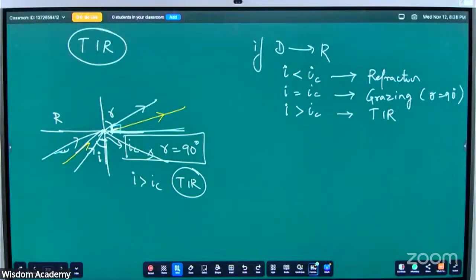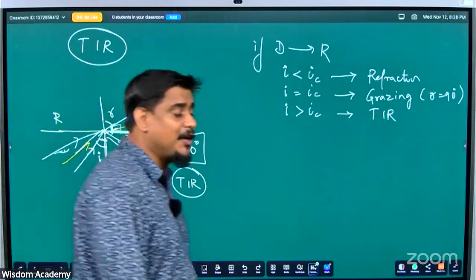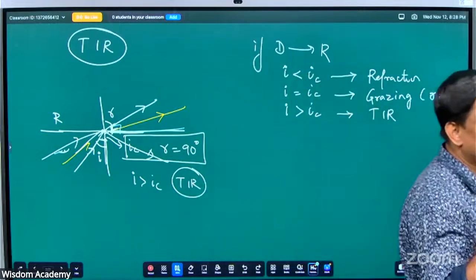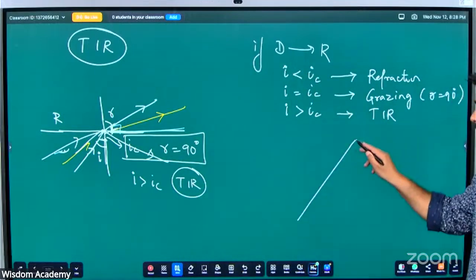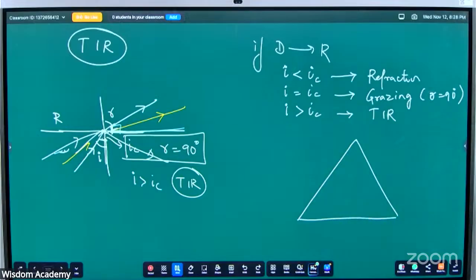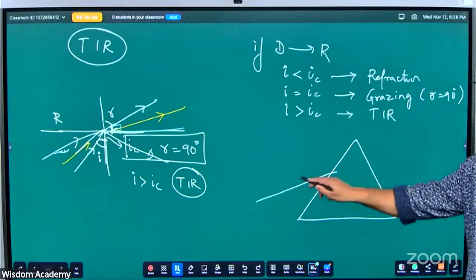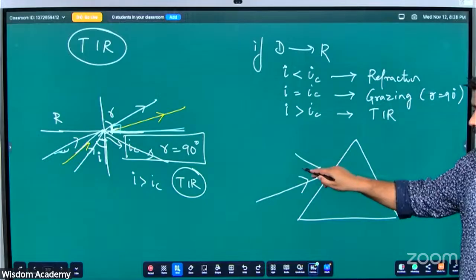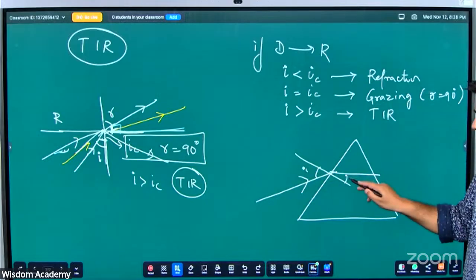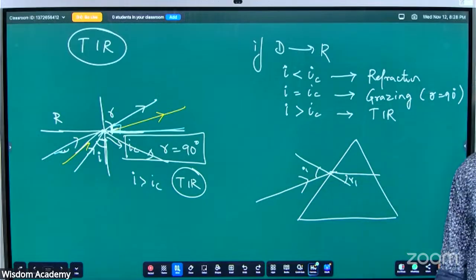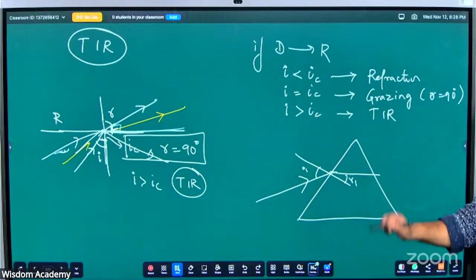Keep this in your mind because the numericals will come from this, and you can understand the numericals only if you understand its logic. If you see like this, there is a prism and the light is entering here. If you want to find the angle of refraction R1, you will easily find it by Snell's law: mu1 sin i is equal to mu2 sin R1.